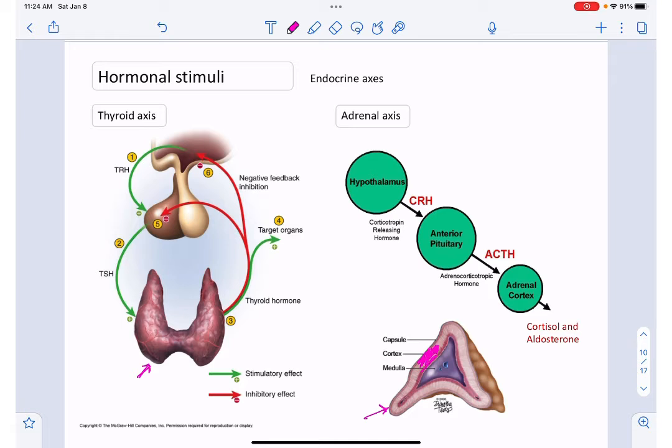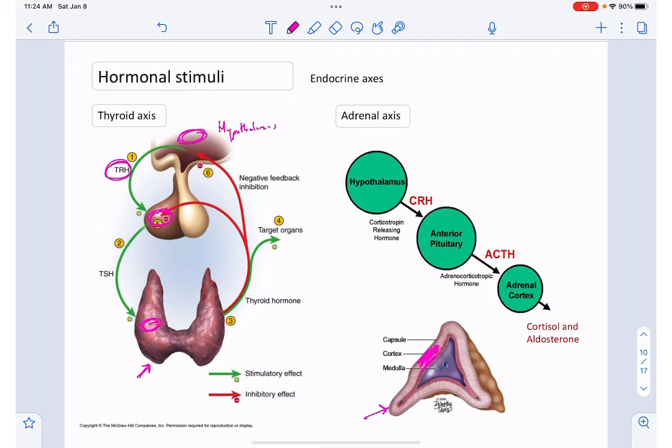And as I mentioned earlier, both of these glands are part of a larger endocrine axis that involves the hypothalamus, the anterior pituitary, and then the downstream endocrine organ. And what's going to happen is the hypothalamus is going to release hormones into the blood, in this case a hormone called TRH.